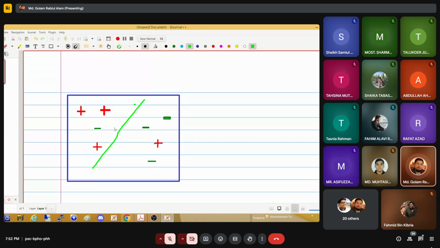If we try to draw another one, maybe this one, then again we can see it also does not clearly separate positives from the negatives. So that means we cannot get any linear hyperplane that can separate positives from the negatives.